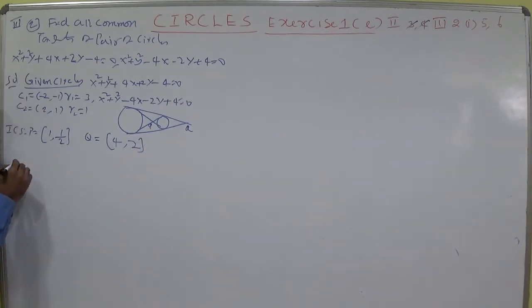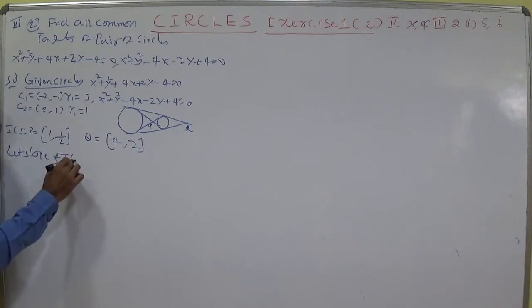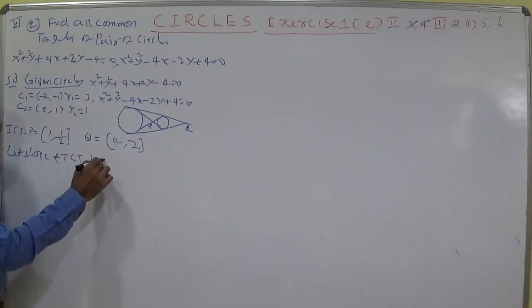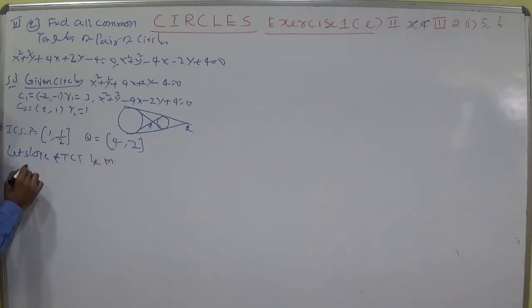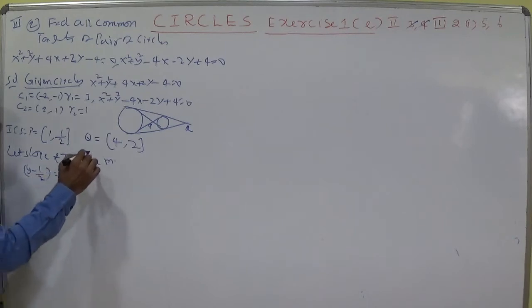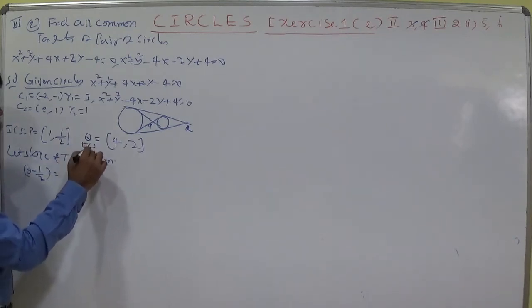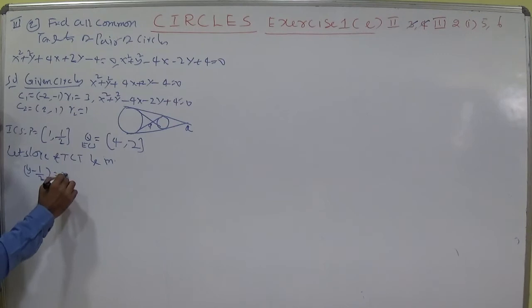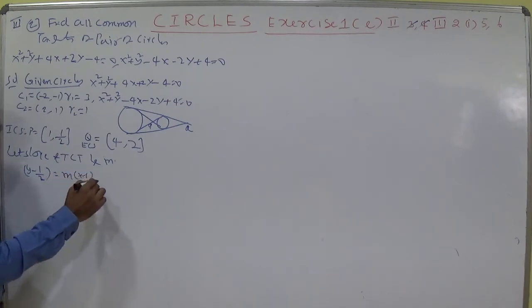Now using this one, let the slope of TCT be m. Whenever TCT, you should consider ICS. Using ICS, y minus 1 by 2 is equal to m into x minus 1.